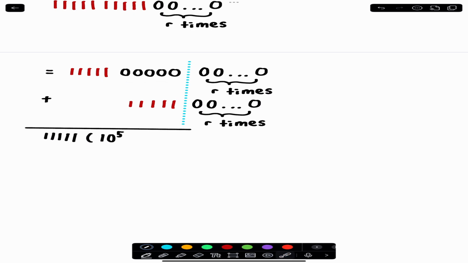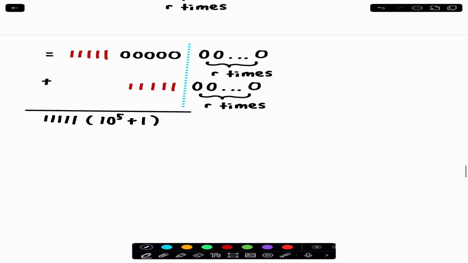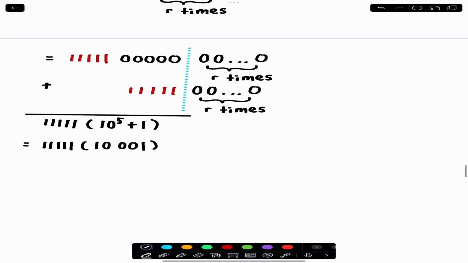And on the bottom number, well, there's just one copy of that 11,111. And when we write it out, 10 to the power of 5 plus 1 is the same as 10,001.